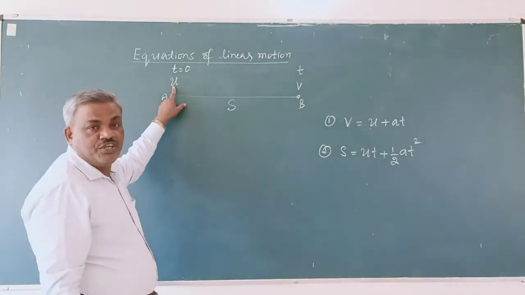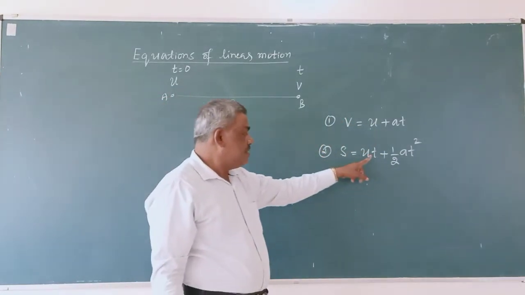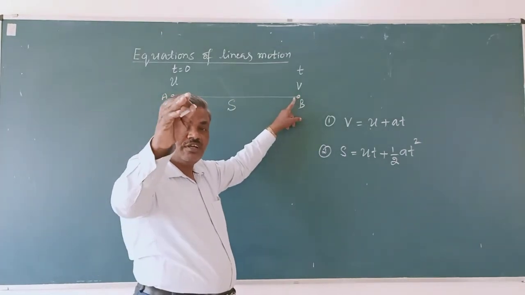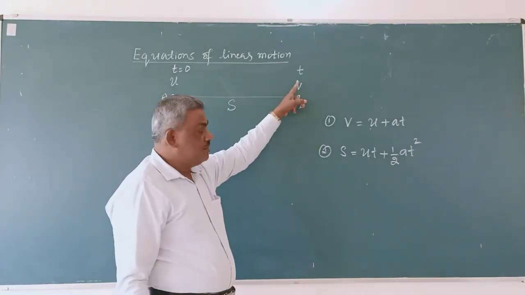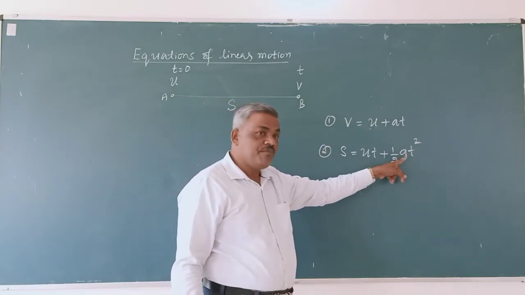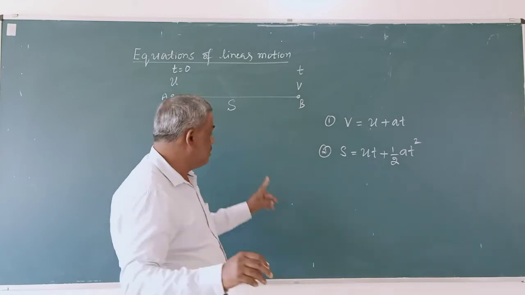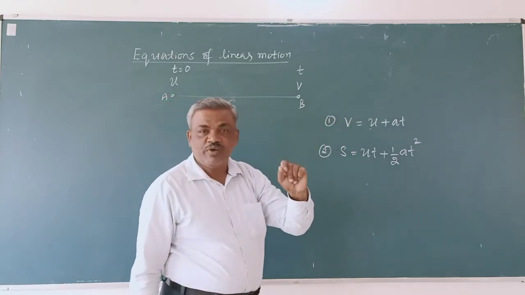So the body moved from A to B. How to calculate the distance? Using this formula, S equals u t plus half a t square. U is the initial velocity, and t is the time taken for the body to reach a certain position. A is the acceleration; how to calculate it? a equals V minus U by t.